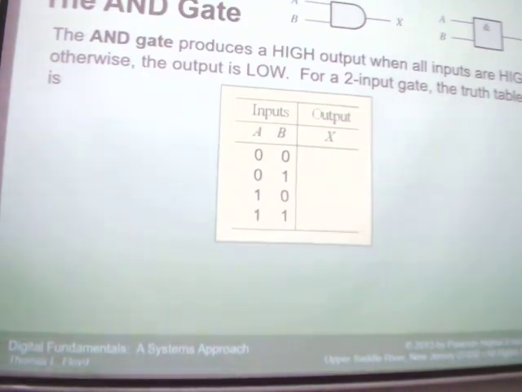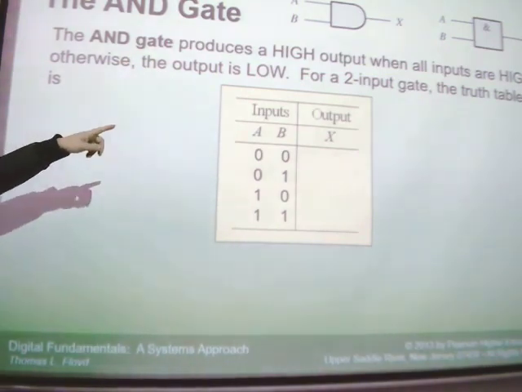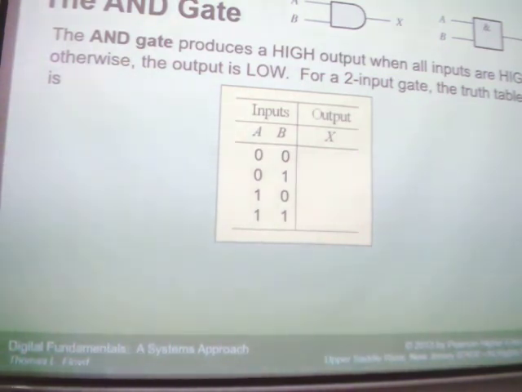The second gate, the AND gate. There are two circuit symbols for the AND gate. The first is like this, and the second is the AND symbol like this.